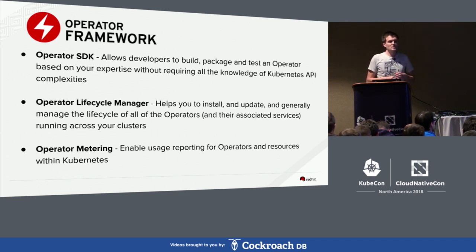Operator metering is one other piece of the puzzle. That one comes after, I would say. There's a whole talk about it a bit later in the conference on Thursday. But the idea is that once you have all these operators installed and running, you're going to want to measure them. You're going to want to know precisely how much they cost, as in AWS dollars per operator, or even to go more detailed, if you code the logic, how much does this table in my database currently cost?